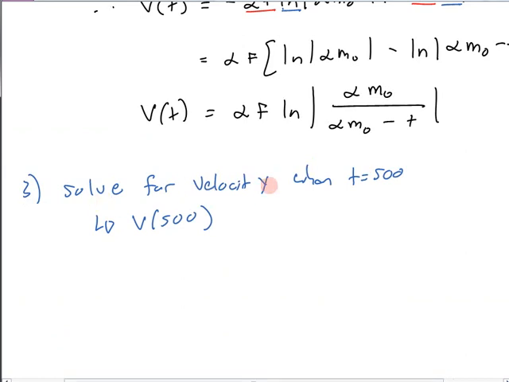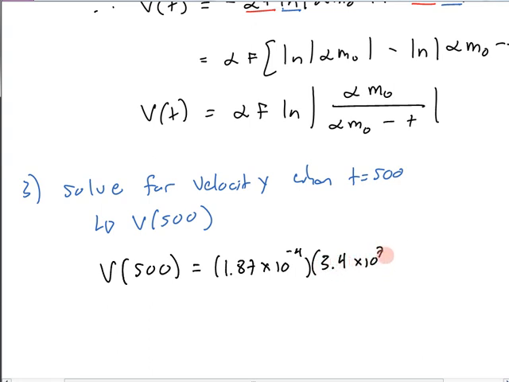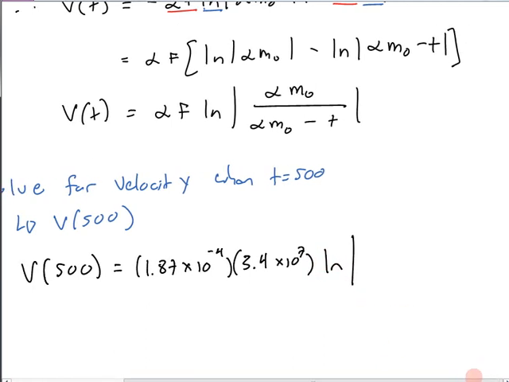Okay. Finally, we have one expression which doesn't look too bad, something that we might choose to work with. So at this point, we're going to try and solve for that function when time is 500. So we're going to solve for v of 500. Now, alpha we already found was 1.87 times 10 to the negative 4. Now, the thrust from what was given was 3.4 times 10 to the 7 newtons times the natural log of alpha, which is still 1.87 times 10 to the negative 4.